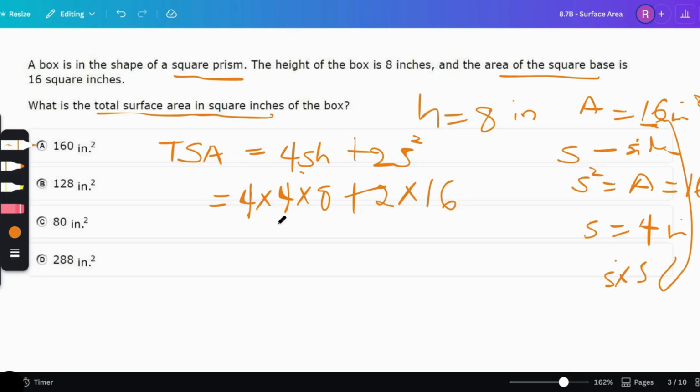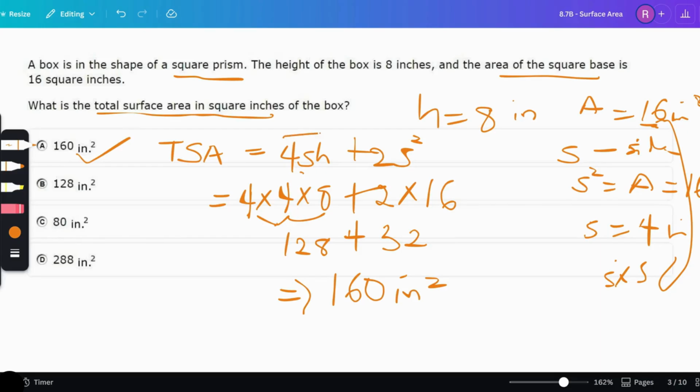So 4 times 4 gives 16, times 8 will be 128, then plus 2 times 16 is 32. So the total surface area will be 160 square inches, and that is option A. So the formula is 4 times the side times the height plus 2 times the area of the square base.